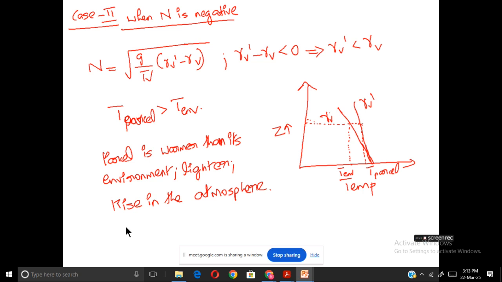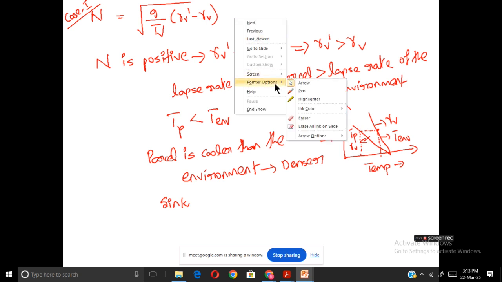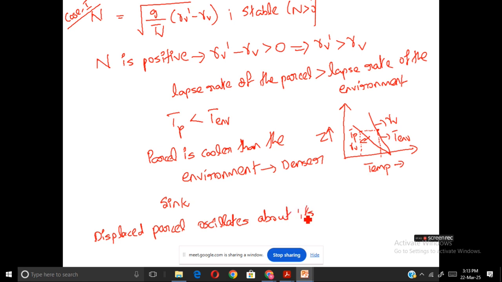So in the stable case, when n is positive, n is greater than 0, the displaced parcel oscillates about its mean position.